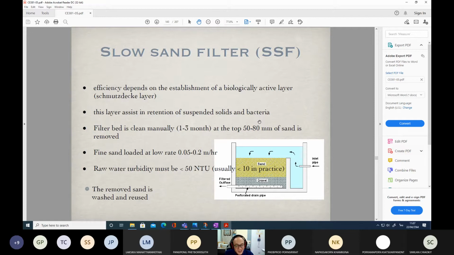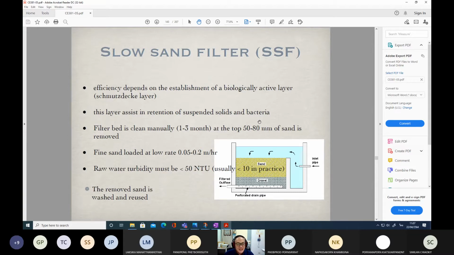But we still need to have filters because sometimes during wet seasons, the incoming turbidity is higher. The performance of the sedimentation tanks may not be consistent. So this may be a major reason why we need to have a filter. We just want to produce reliable water quality with no extra turbidities found in the effluent.